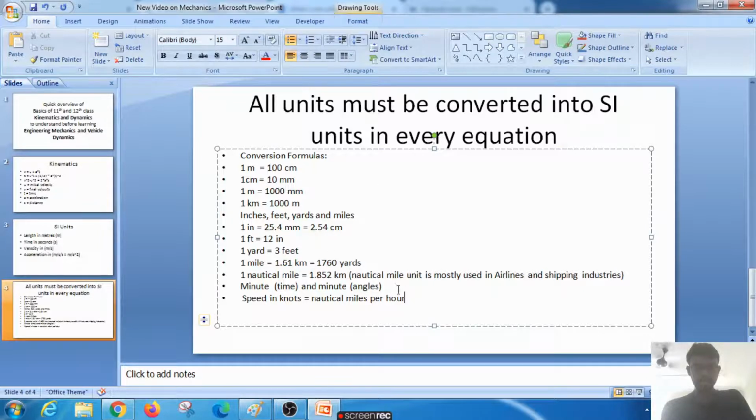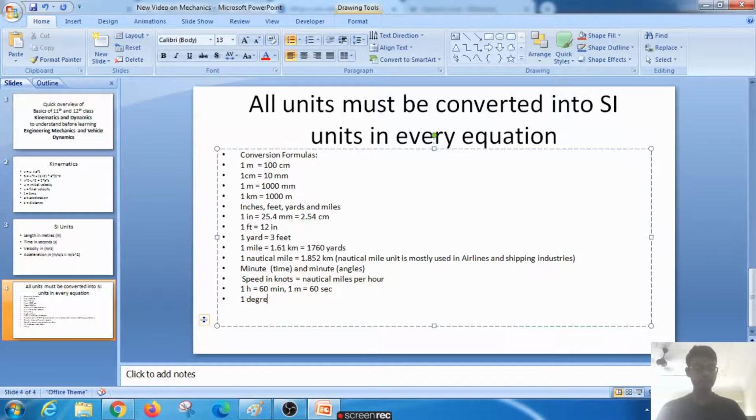And again, in terms of time, 1 hour is equal to 60 minutes and 1 minute is equal to 60 seconds, and 1 degree is equal to 60 minutes. Minutes is denoted with an apostrophe in the case of angle, right?